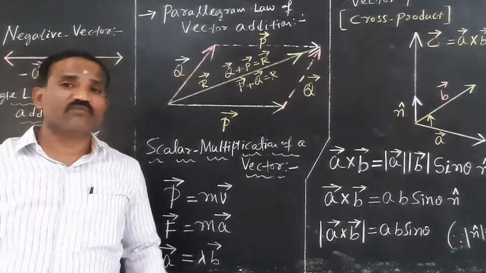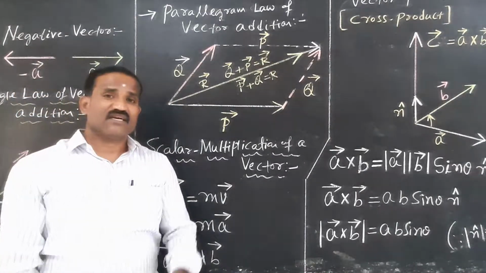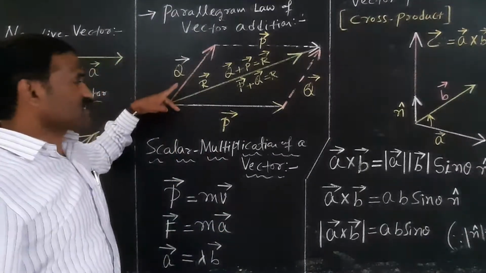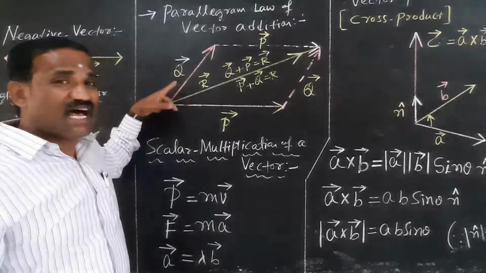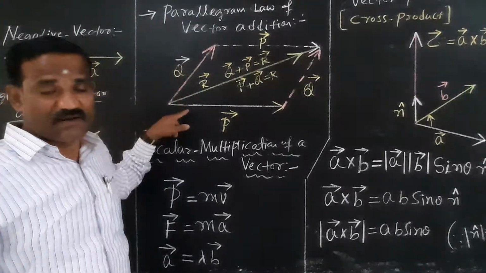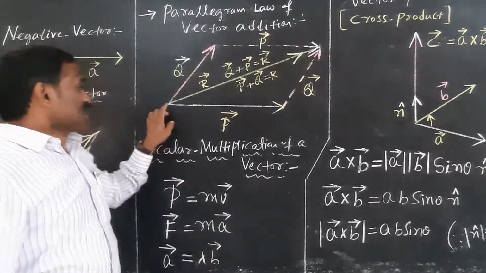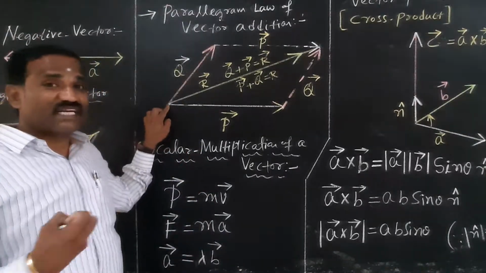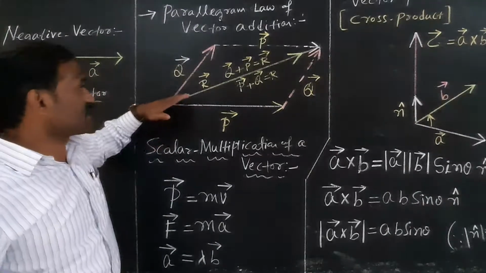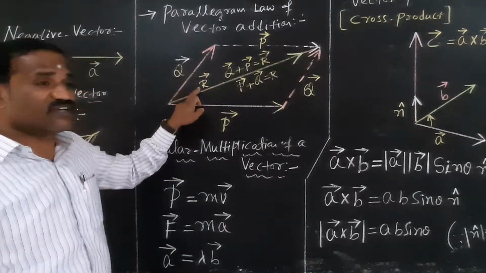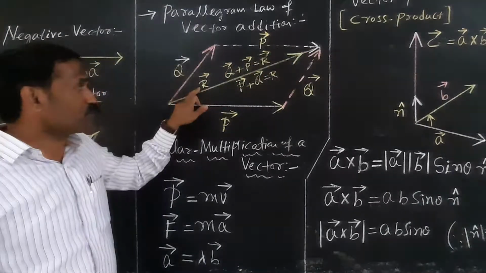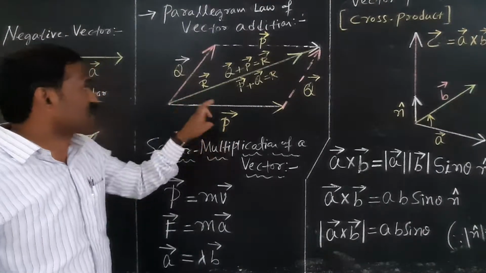I'll repeat. What do you mean by parallelogram of vector addition? If two vectors which represents both magnitude and direction act along the adjacent sides of a parallelogram, the diagonal passing through the point of concurrency represents the magnitude and direction of the resultant of two vectors.